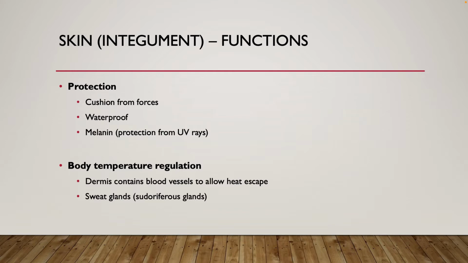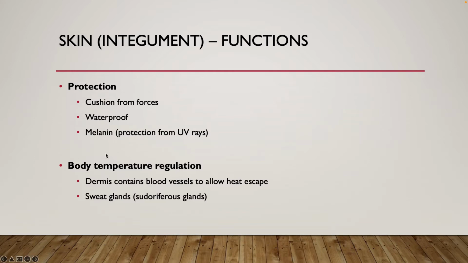So you can imagine if your skin is intact, you are much better protected from invasions from microorganisms and viruses than you are if you had a large opening or a large wound in your skin. So it's very important to protect your skin so it can protect you.